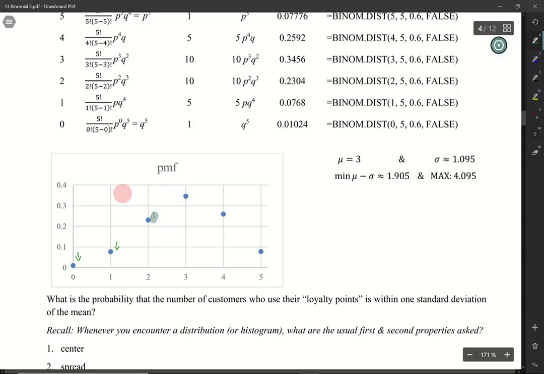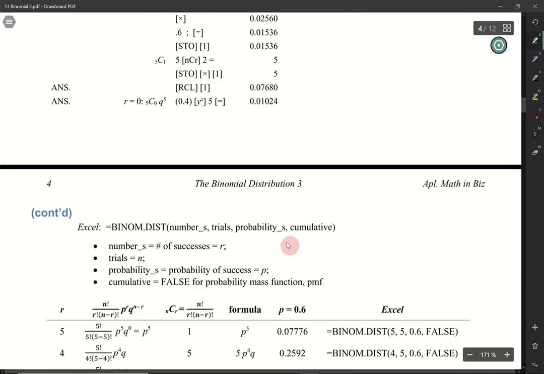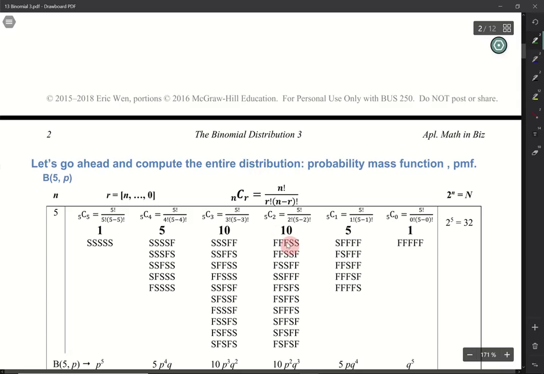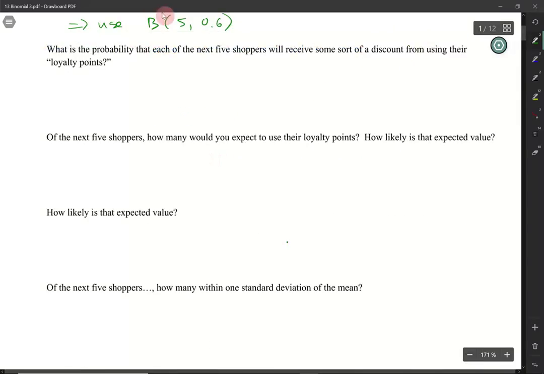And then because everything has to add up to 1, if half of them, roughly, are kind of pushed down, then the other half of them are kind of pushed up. And in fact, the end point one here at the very end, the tail, is higher than this other one, because they're a little bit more likely to use their points than not use their points. Okay, so as soon as you write this down, you know that, because it's binomial.